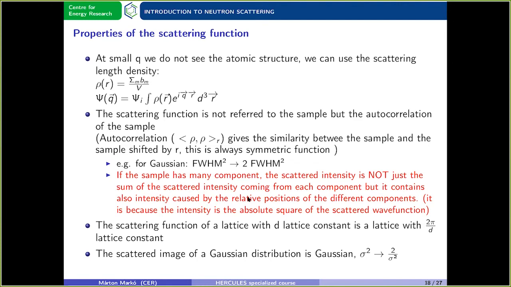And the scattering function of a lattice with lattice constant d will give the same lattice with 2π over d lattice constant, as I showed you in the previous example in diffraction. And the scattered image of a Gaussian distribution will be Gaussian, but the variance will be inverted. It's 2 over sigma squared, because this 2 comes from the autocorrelation, which just doubles the variance.